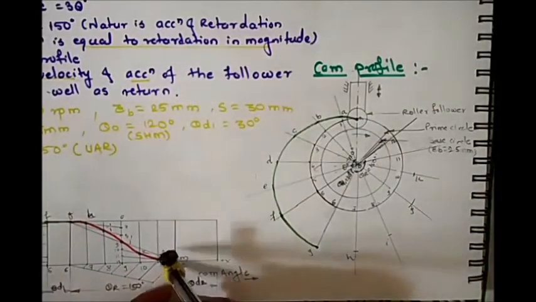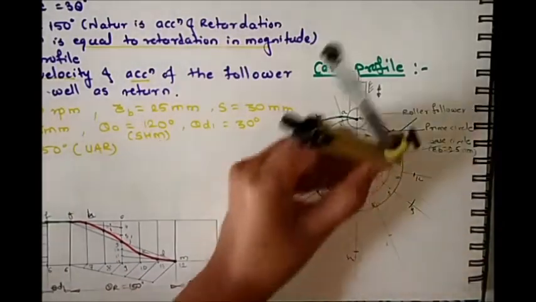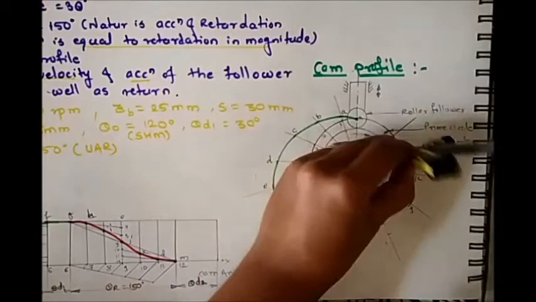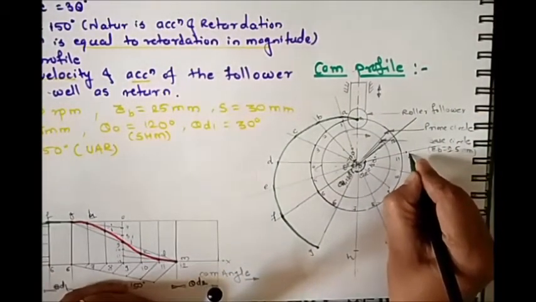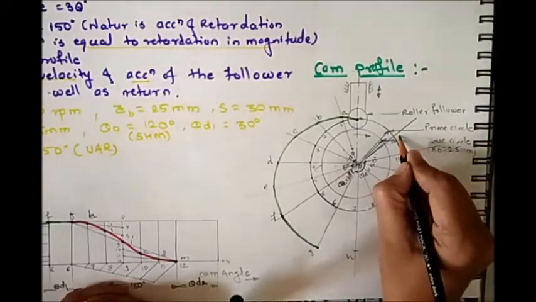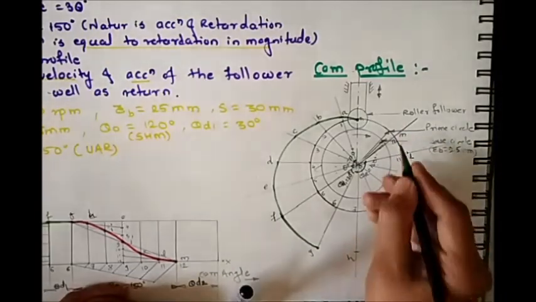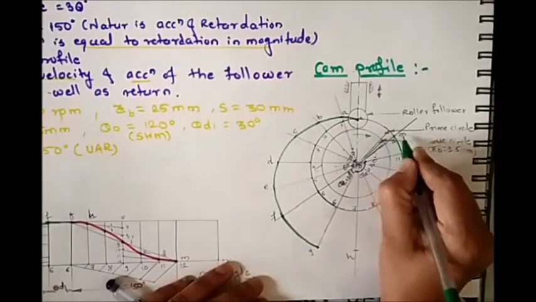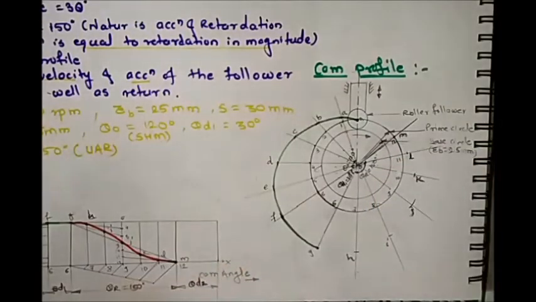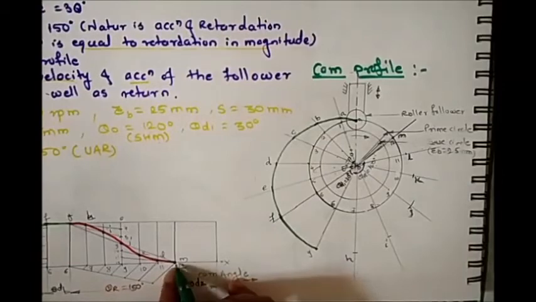Then 11 to L, so from point 11 let's take a distance equal to L, and last is M, which is on the same prime circle, because here we have the last point on the reference line.